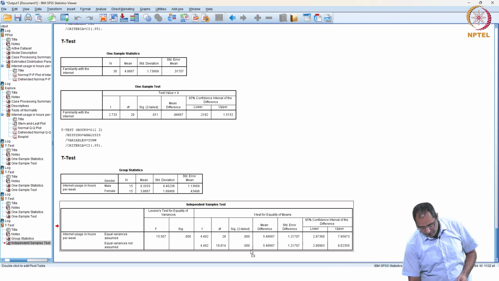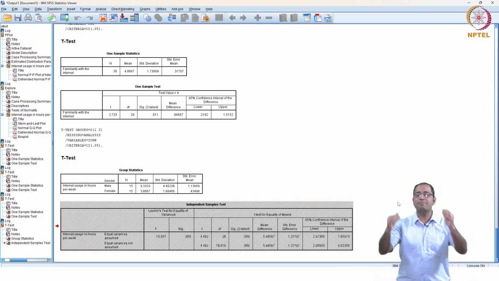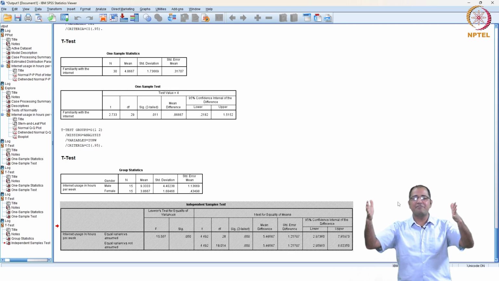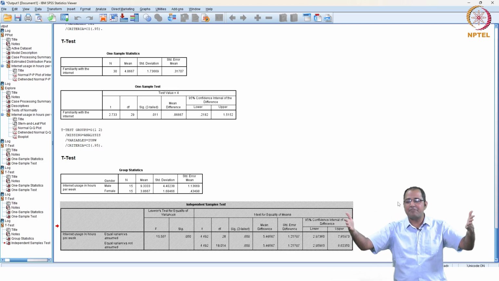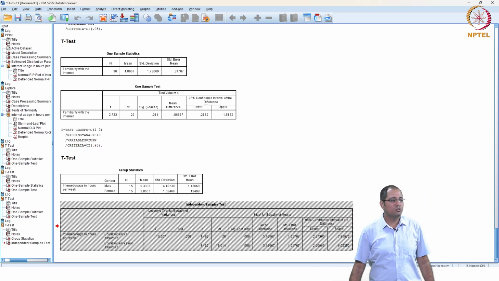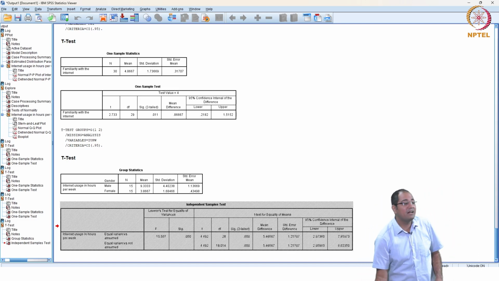And here also we are getting 0.000, which means in the population the mean internet usage between male and female is significantly different. Mean internet usage differs among the two genders in the population, and that you will have to do.